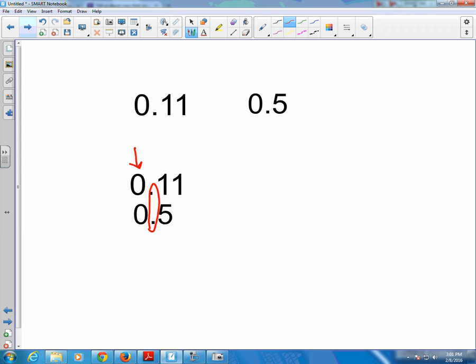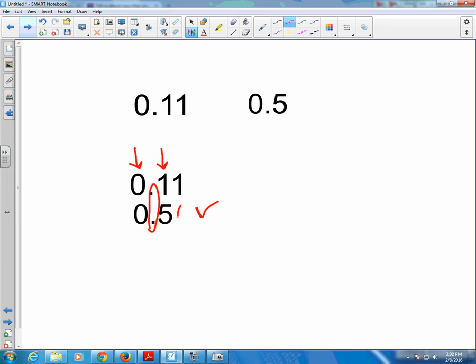Start right here. 0 and 0, which one's bigger? They are the same. That means we go to the next place value. Now 1 and 5, which one's bigger? The 5 is bigger than the 1. Hopefully you remember that, but in case you are not sure, you can also write it as equivalent decimals.